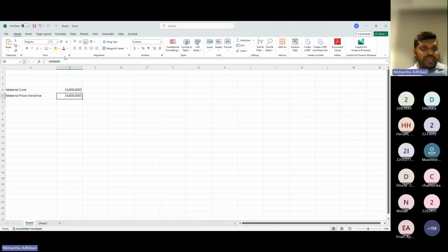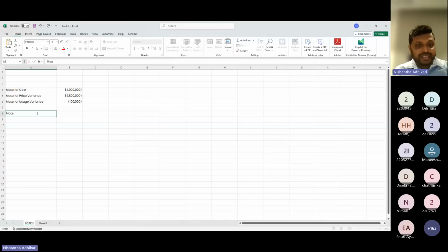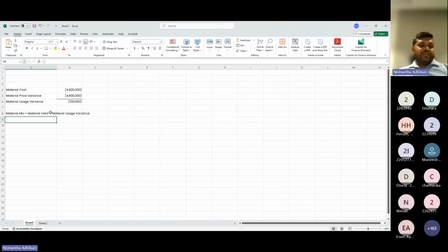Then definitely your material usage variance should be how much? 100,000. Material usage variance 100,000. Now material usage variance we can split into material mix and yield. Material mix variance plus material yield variance will be equal to material usage variance. Right. Then you have that idea.